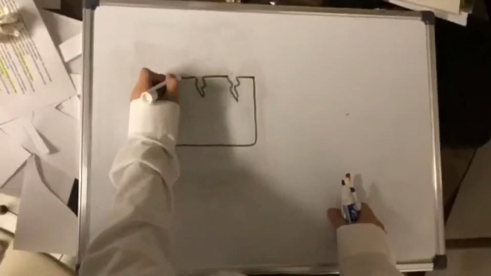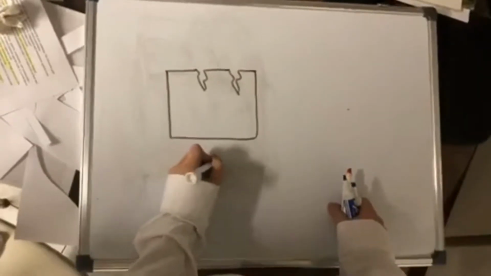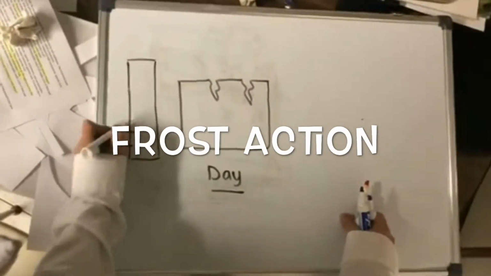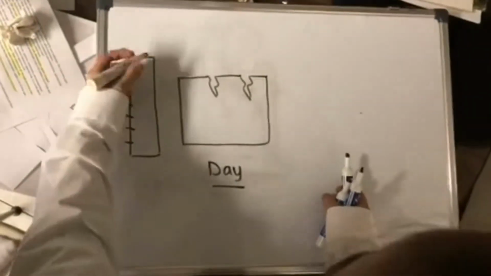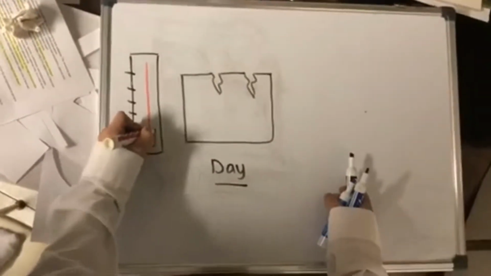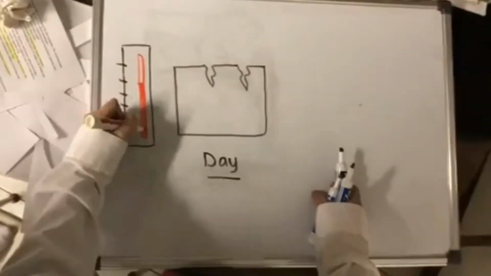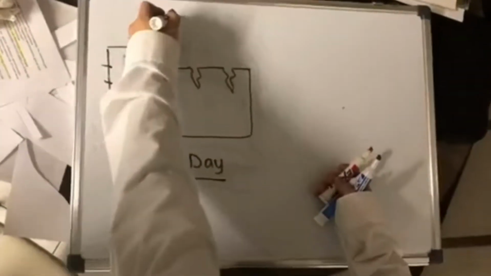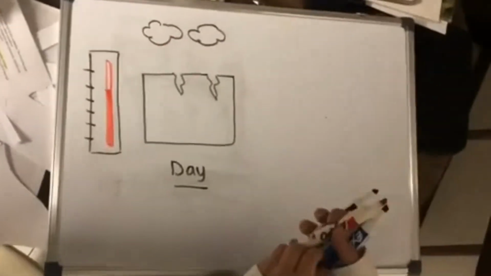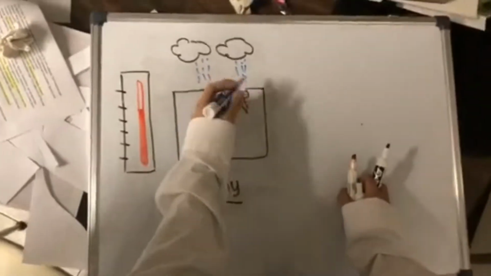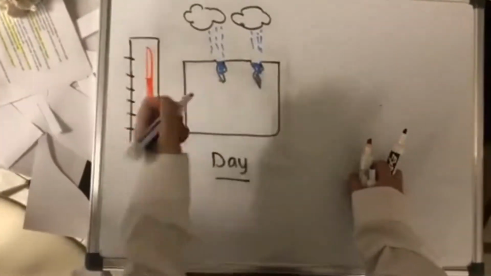You might be wondering how freezing and thawing can break a rock apart. This process is called frost action, a type of physical weathering. During the day, the temperature is higher. The water from precipitation or condensation will fill up the small cracks between the rocks.